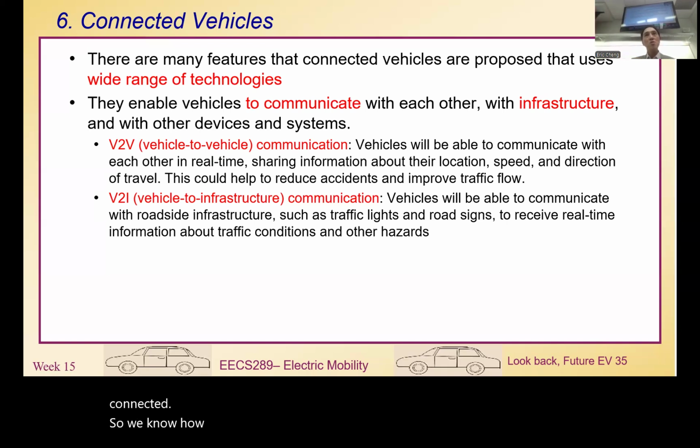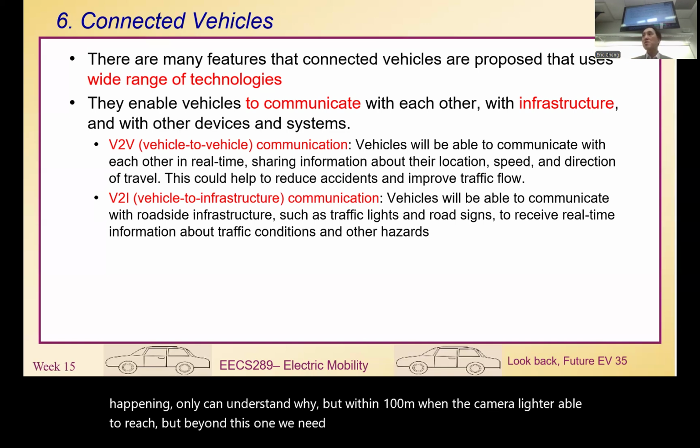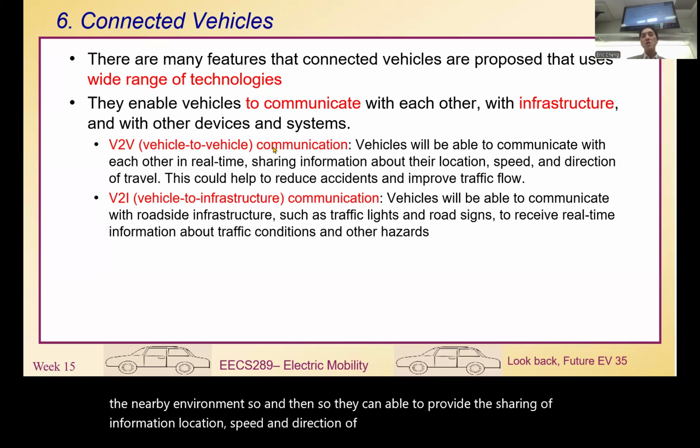Your vehicle may only understand what's happening within 100 meters, where the camera is able to reach. But beyond this, we need the V2V, vehicle to vehicle, to understand all the nearby environment. So they are able to share information: location, speed, and direction of travel. So all these things are important.